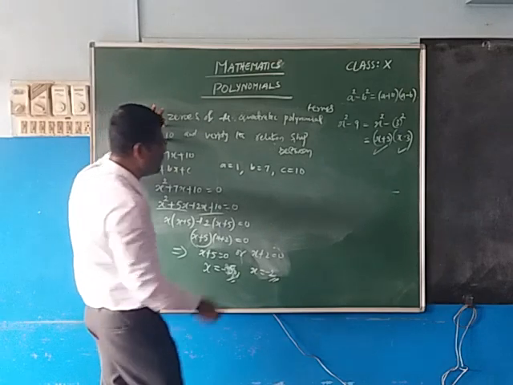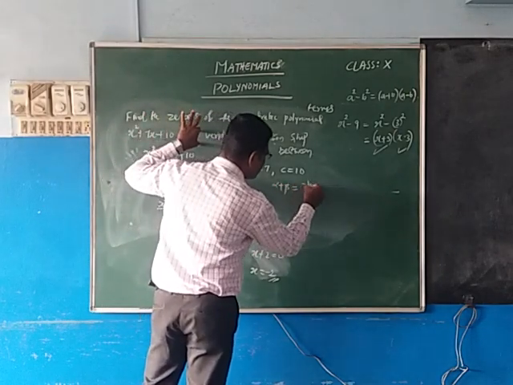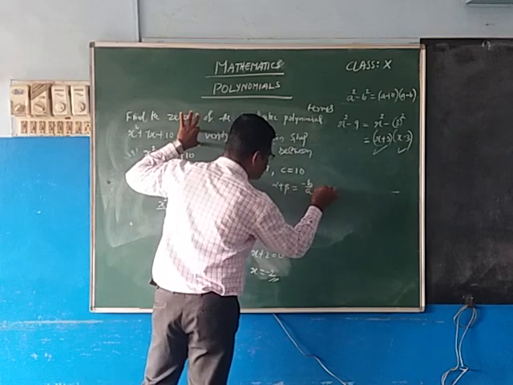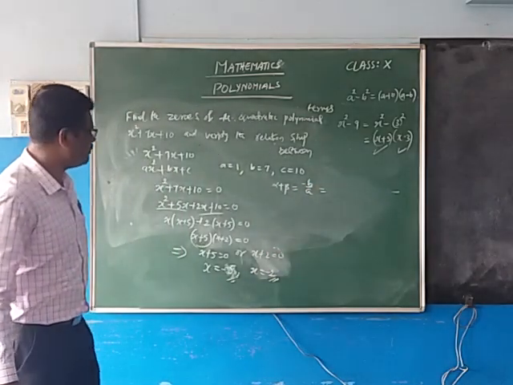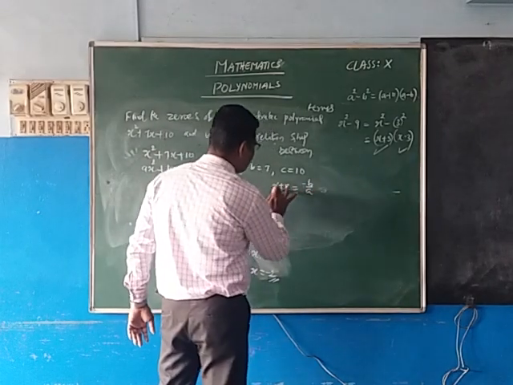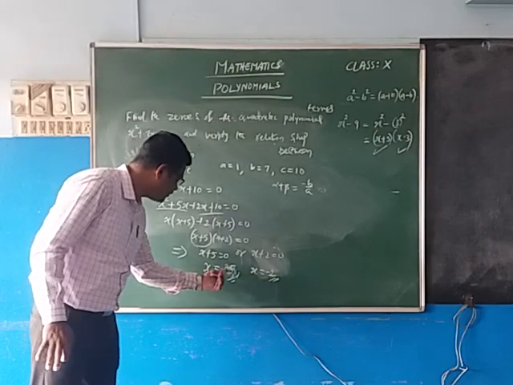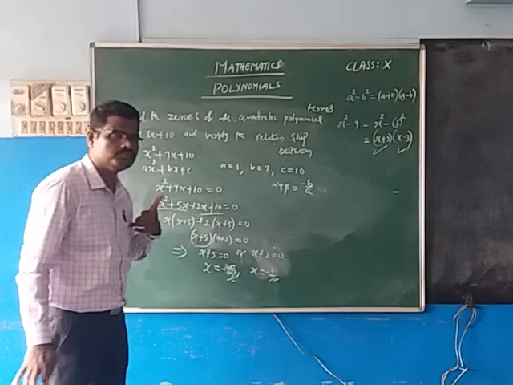Verify the relations. What is the relation? Alpha plus beta is equal to, we know, minus b by a. Is it true? We have to check. Here we have got two values, minus 5 and minus 2.